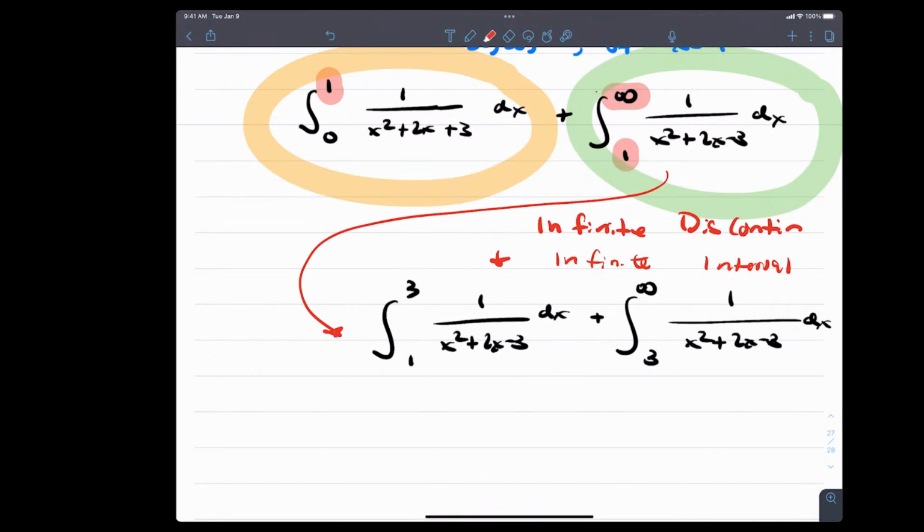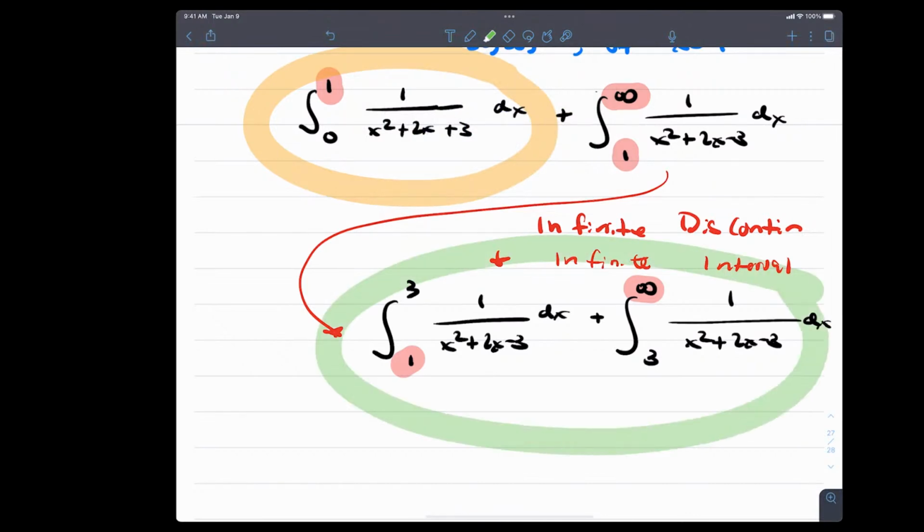Oops, sorry. So the point I'm making is your green integral is now 2. And that's how you would split this one up. Just pick some number, any number between 1 and infinity, integrate there, and then add the second integral.